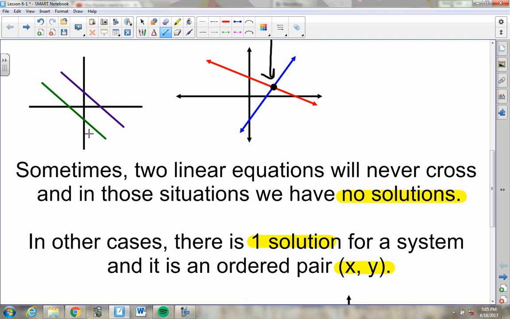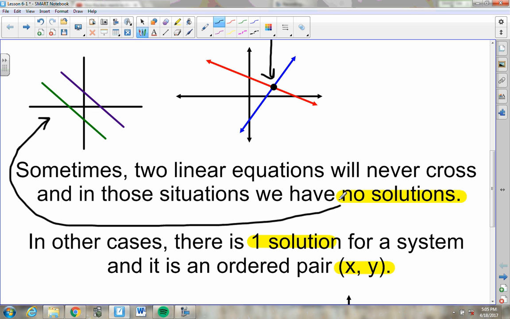They're never going to cross. So in this case, we would say we have no solutions. No solutions is a graph that looks like this, where you have two lines that are never going to intersect.